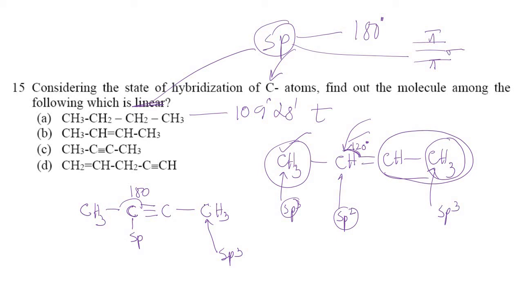This carbon has tetravalency. One sp3 orbital will be in this direction, one in this direction, a third in this direction, a fourth in this direction, and then I write the orbitals of hydrogen: this is 1, this is 2 and this is 3. Now concentrate on this angle. This angle is again linear, right? Here also it is a triple bond, so the bond angle is 180 degrees. Is it clear now?